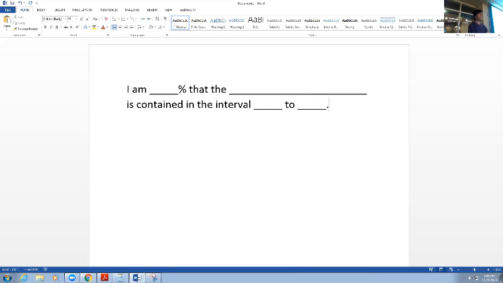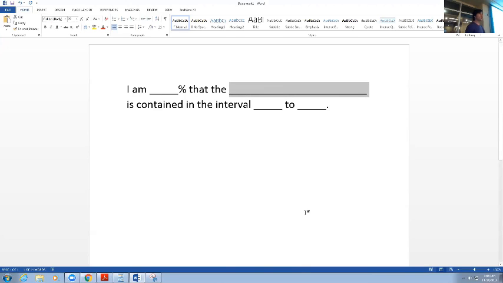I am 93% confident that the true proportion of UT sophomores that recycle is contained in the interval 58% to 73.2%. This is the portion right here everyone messes up.